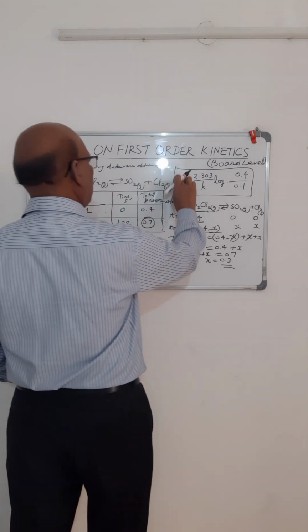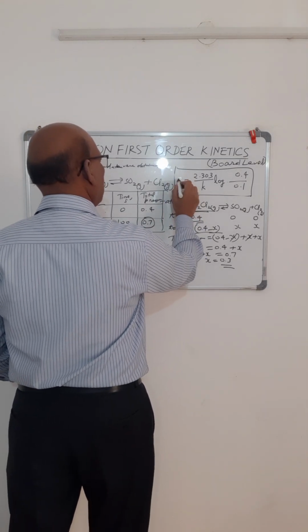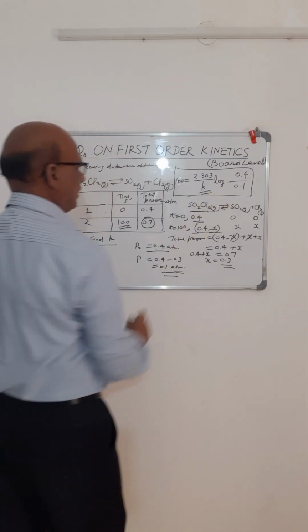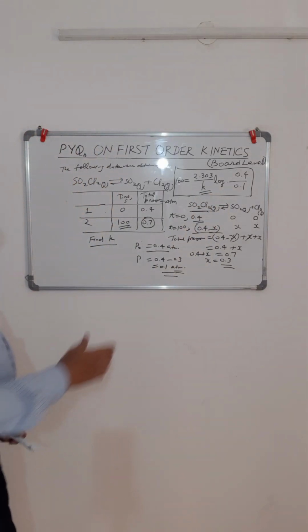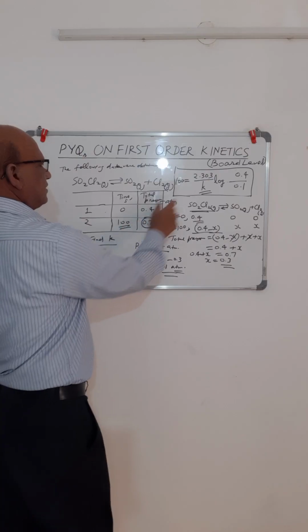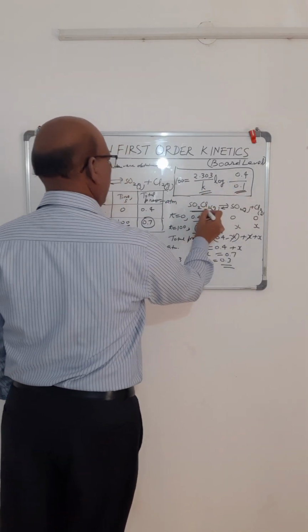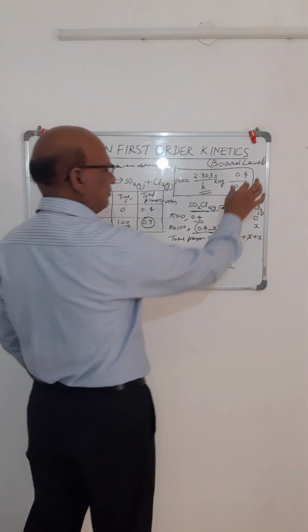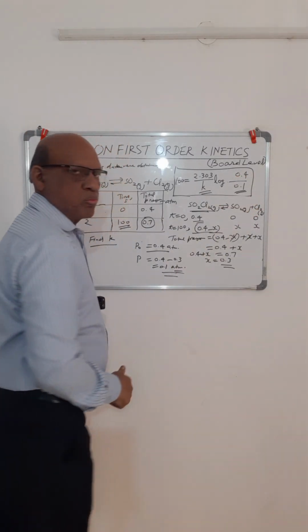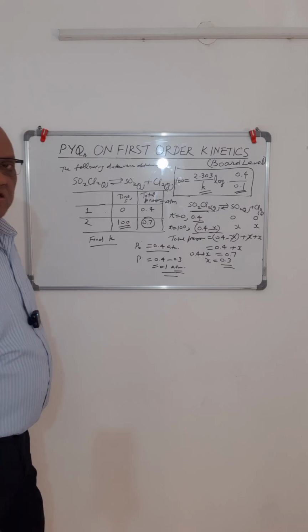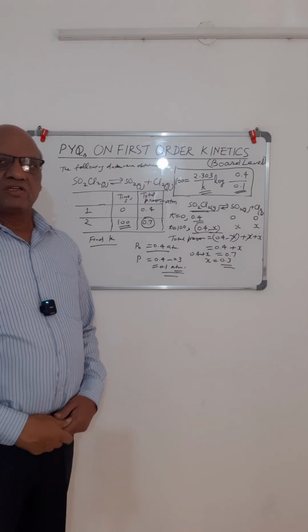So time हो जाएगा 100 seconds, t की जगह 100 सेकेंड्स हो गया and we can find the value of k. So after 100 seconds this is the pressure of SO2Cl2 and the initial pressure was 0.4. So that is how you can solve this type of numericals. I hope this concept is clear to you.